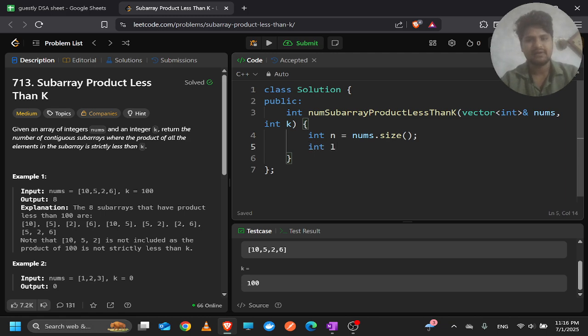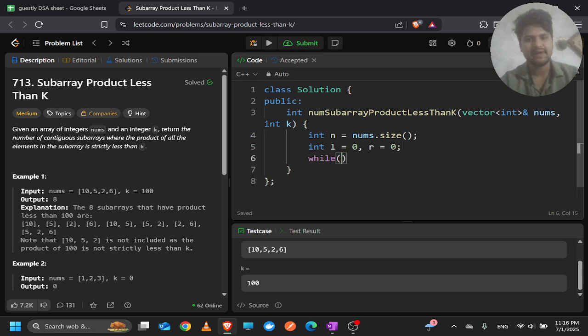Now we will need a left pointer, pointing to a small window. Left and right pointers are the deciding factor of the window. So left is pointing to 0 and right is pointing to 0. That means both are pointing to 0, and this is the very small window we have created.